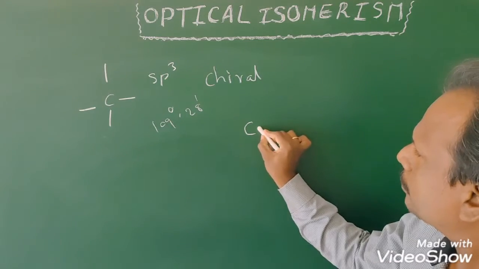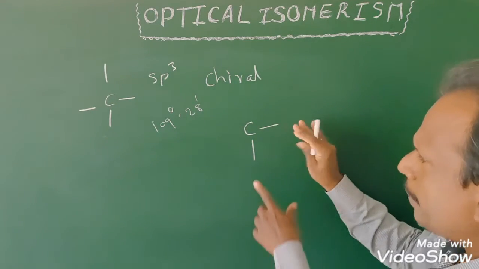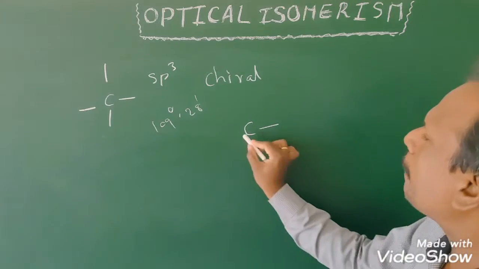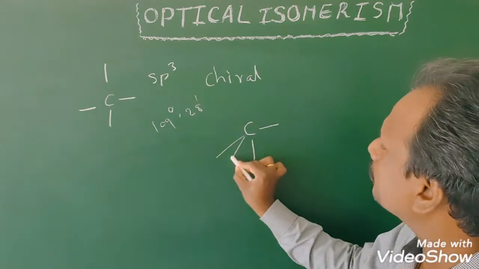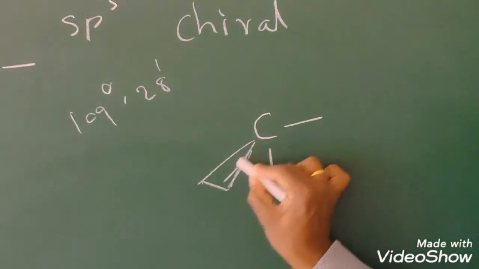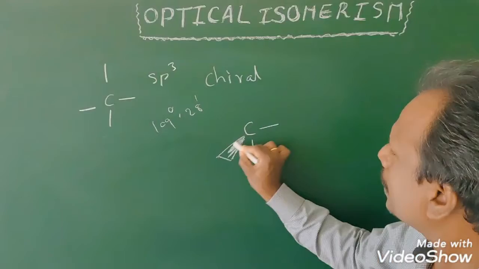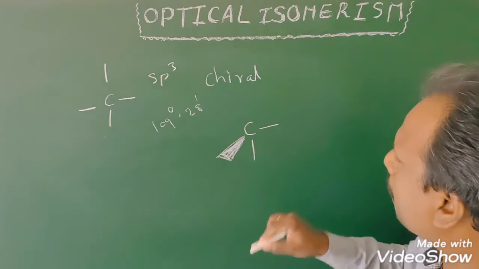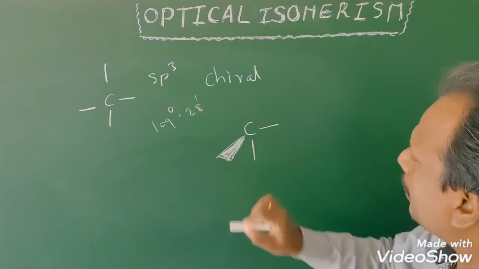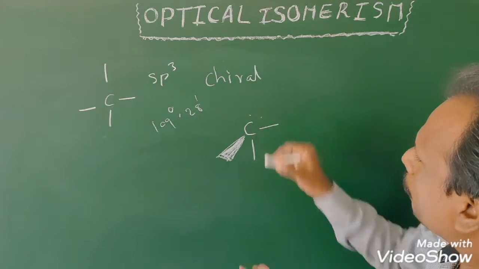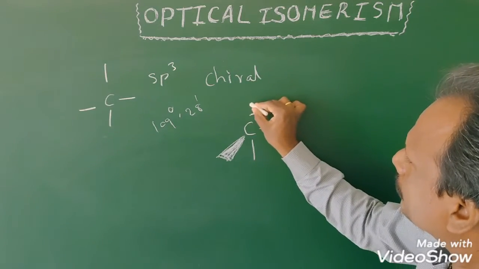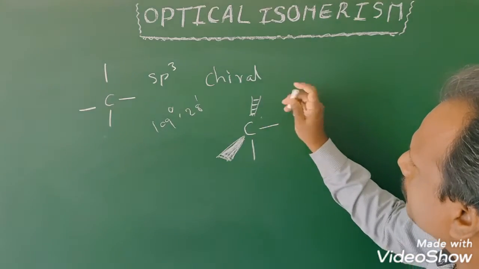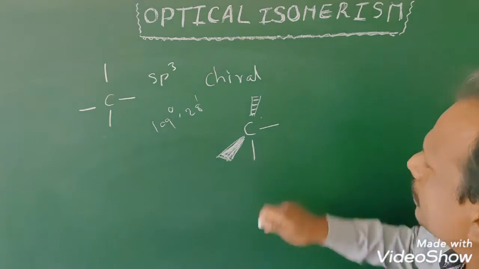The group above the plane is represented by a thick wedge, and the group below the plane by a broken wedge.